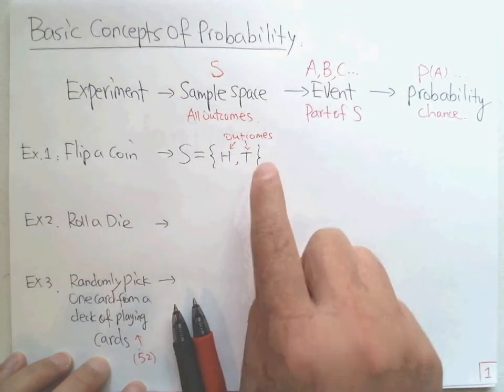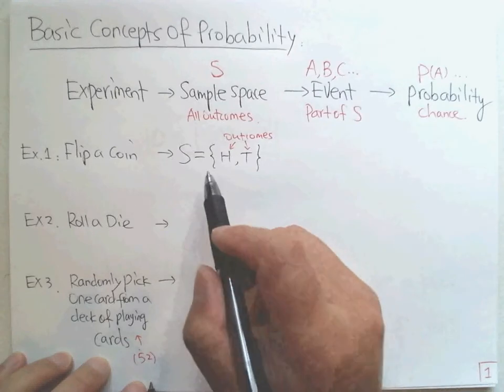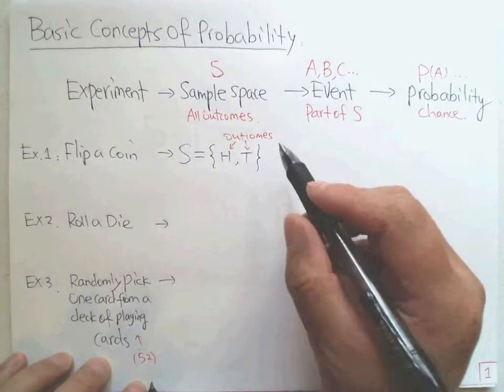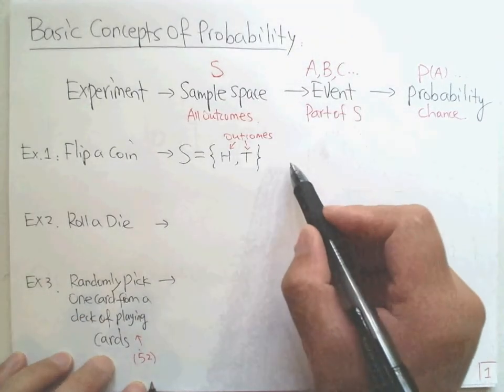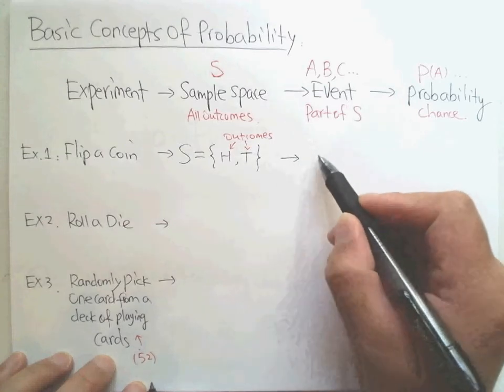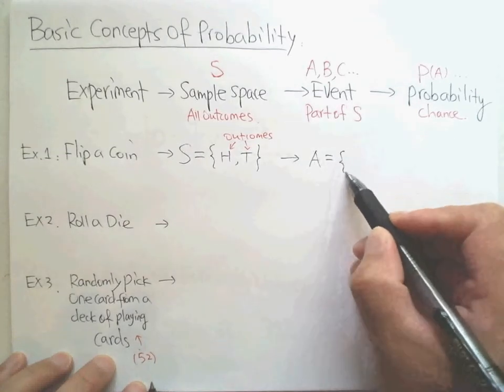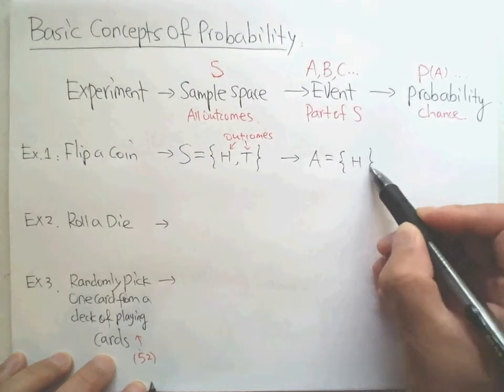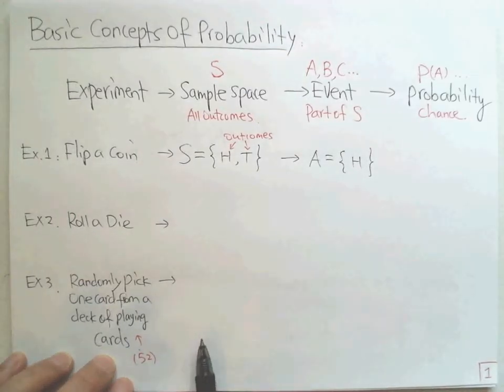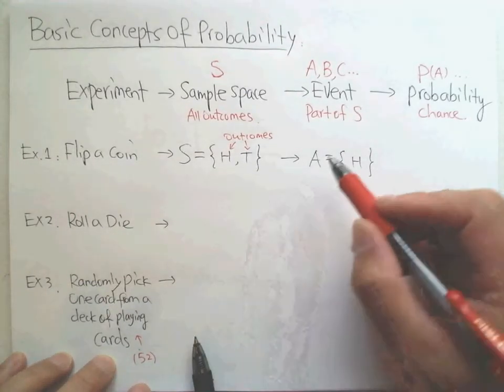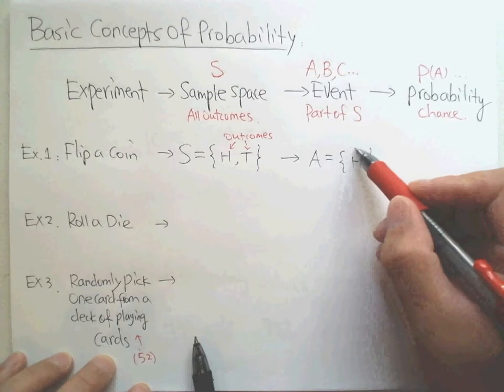And then a part of the sample space we call an event. For example, I define event A as this. What does it mean? It means I want to get a head up.